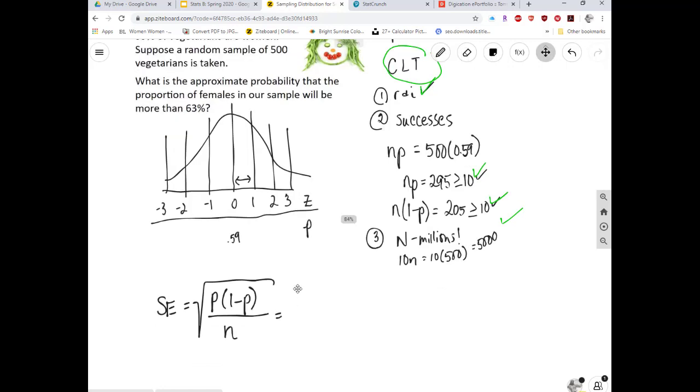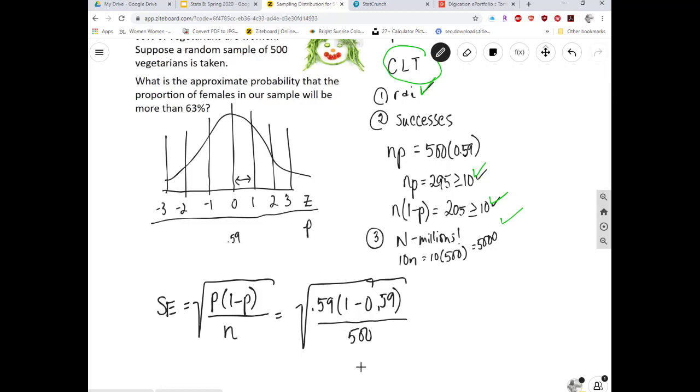Let's plug this in. P is 0.59 times 1 minus P, which is 1 minus 0.59, and this whole thing is going to be over 500.